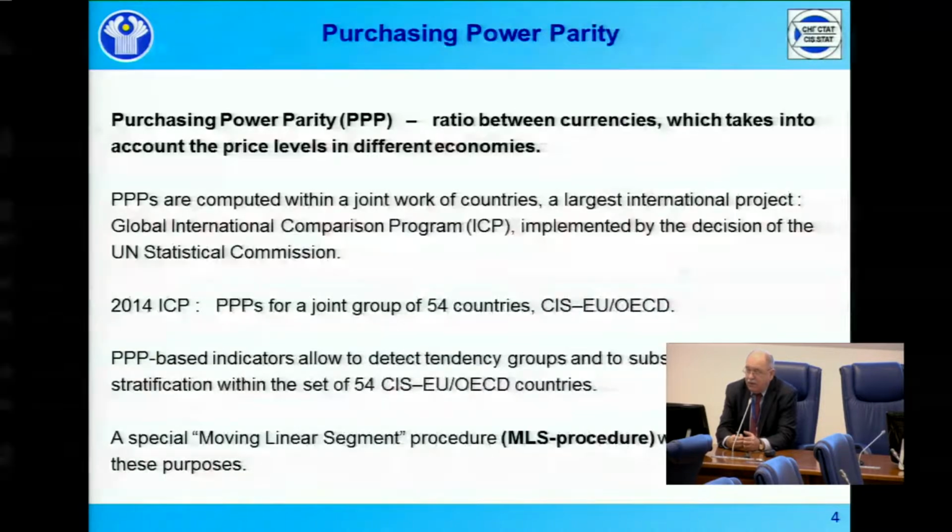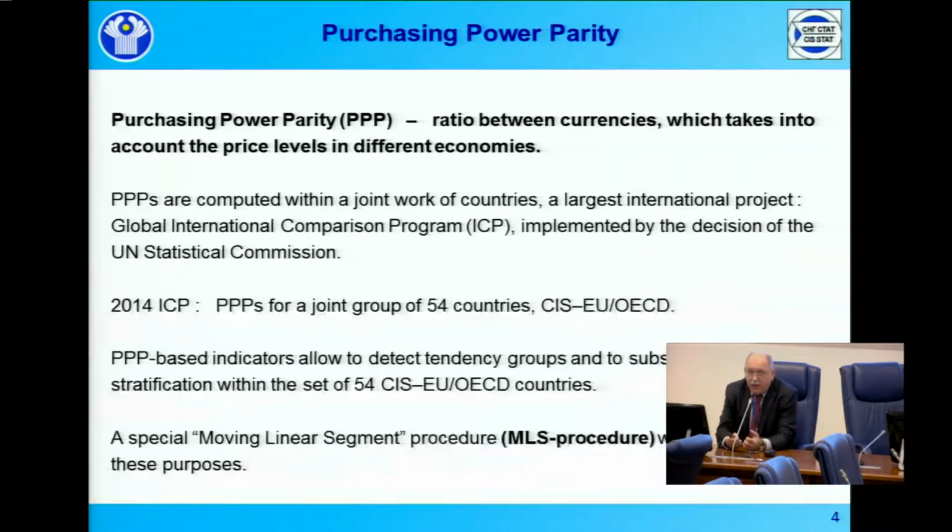CIS joined the EU-OECD comparisons, and since 2014, we apply a special procedure which assures a good, quite detailed multilateral approach.